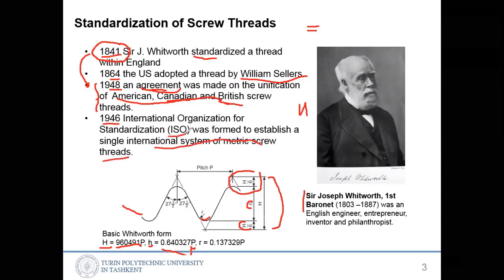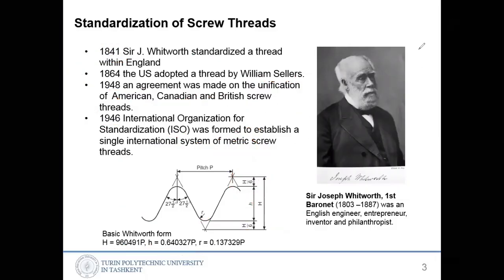So ISO started the standardization of metric screw threads. But still, at this time, there were two systems: one is the metric system, and another is the imperial system. Those are two different systems, so screws are of two types: metric screws and imperial screws. In the next slide, I will show you how it looks.